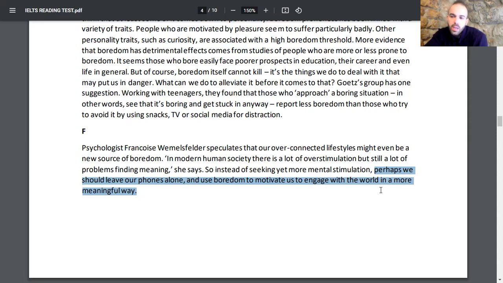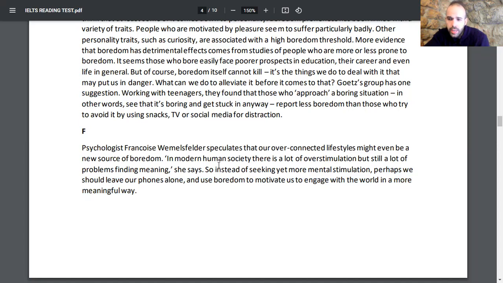So this is a new explanation of one reason why we become bored, and a new cure, which is less stimulation, is proposed. So the correct heading is a new explanation and a new cure. So the explanation is that in most society there's a lot of other stimulation.